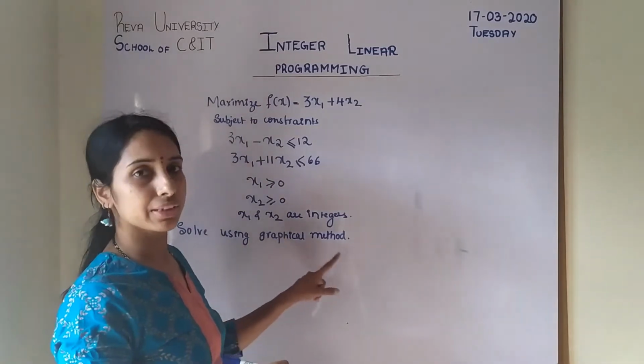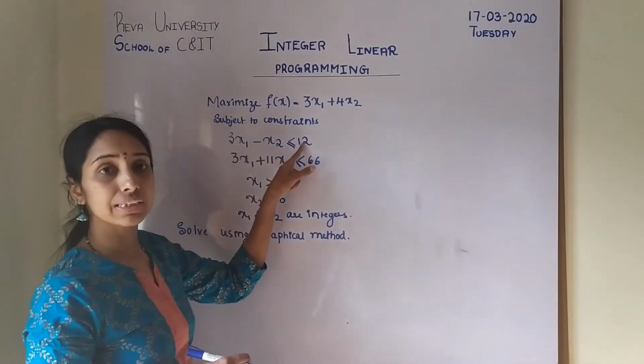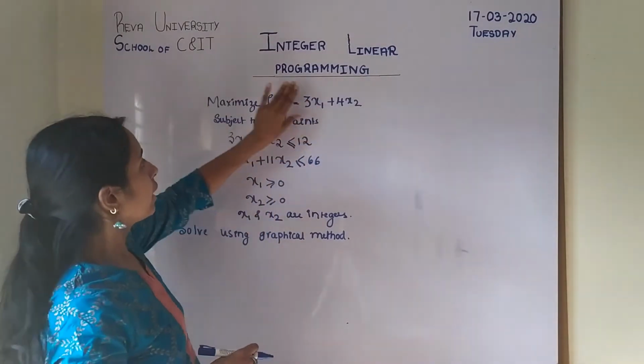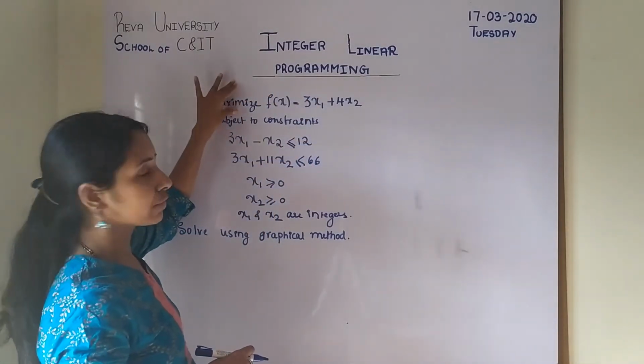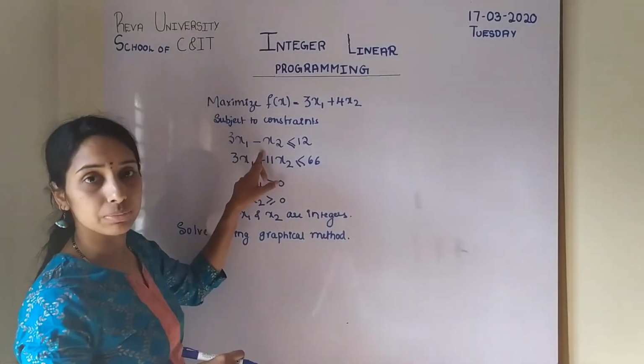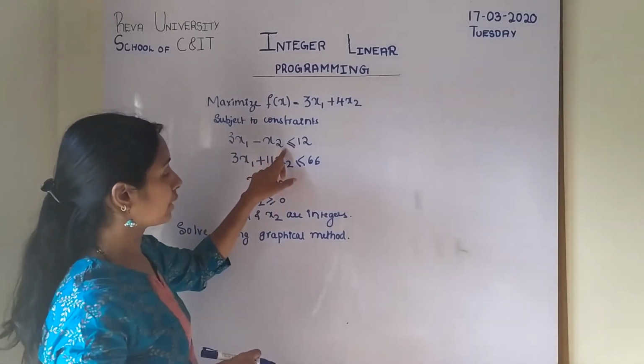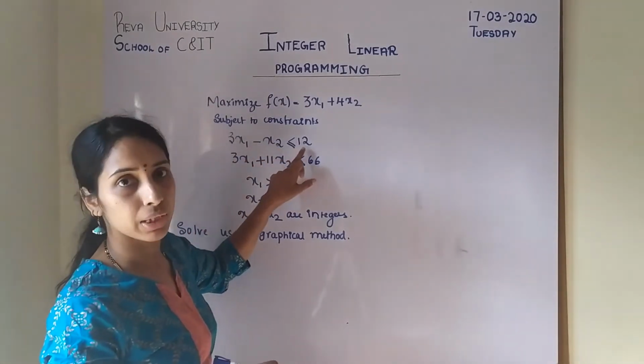To solve using the graphical method, let us consider the first constraint. Don't consider the objective function. Let us consider the constraint 3x1 minus x2 is less than or equal to 12.